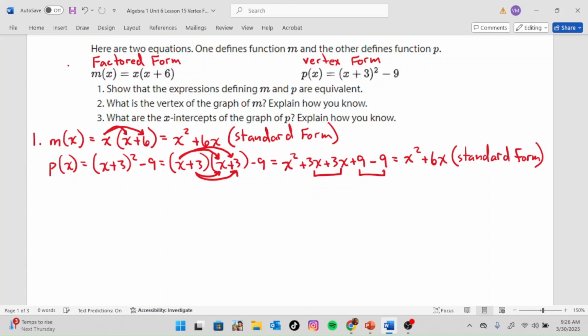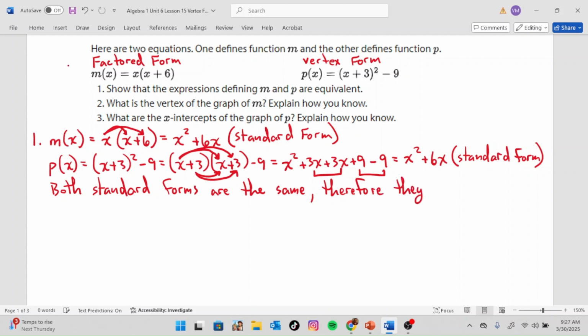And you can see they are exactly the same. Both standard forms are the same. Therefore, they're equivalent.